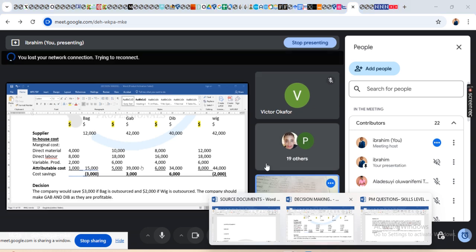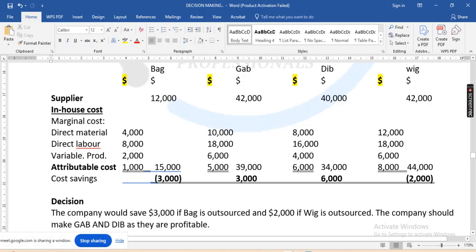Now, discontinued operation. What is discontinued operation?